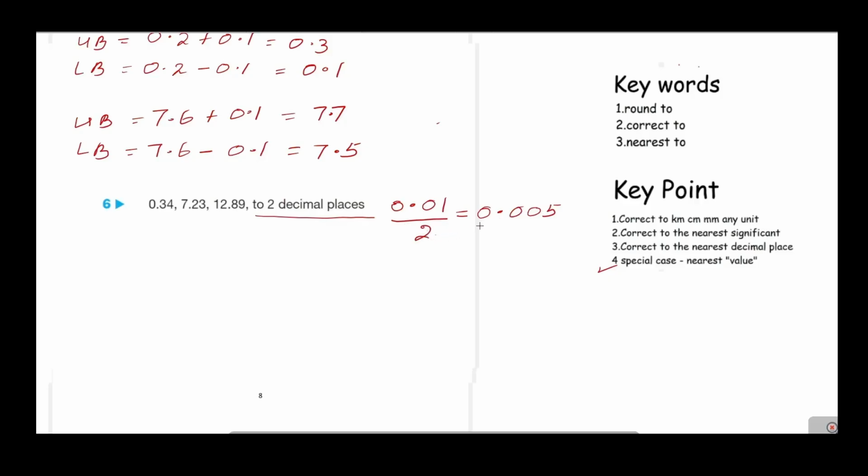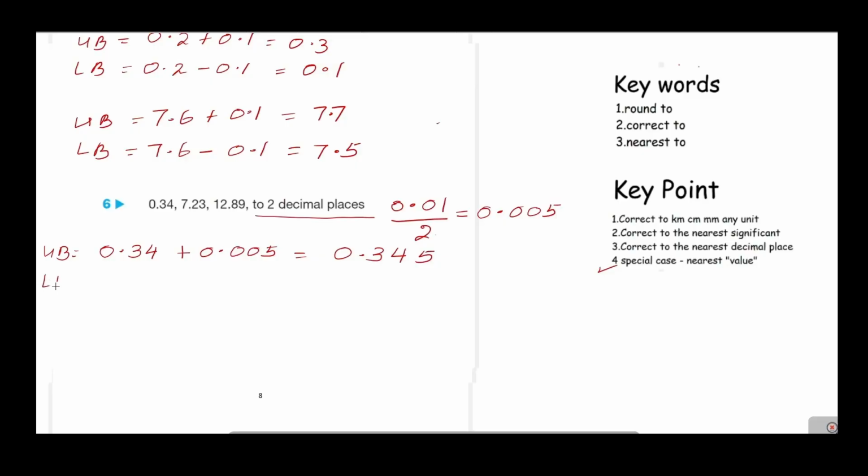Then the calculator will give it as 0.005. Now let's get the upper bound of 0.34. So 0.34 upper bound, I have to add this much, 0.005, which becomes 0.345.